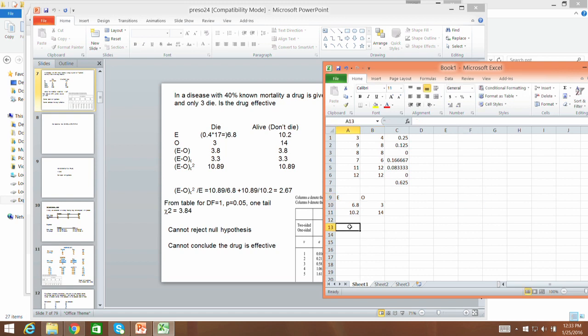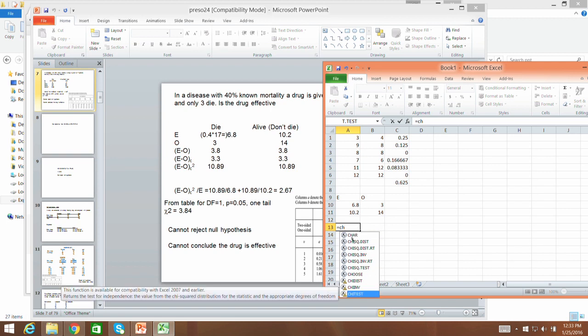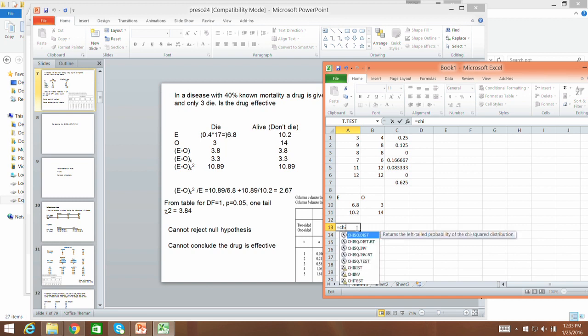So we have the chi-square test here, chi-test. So we give this range, and we get 0.015.